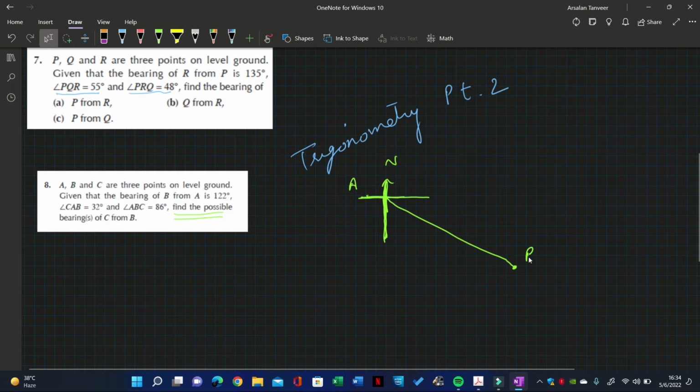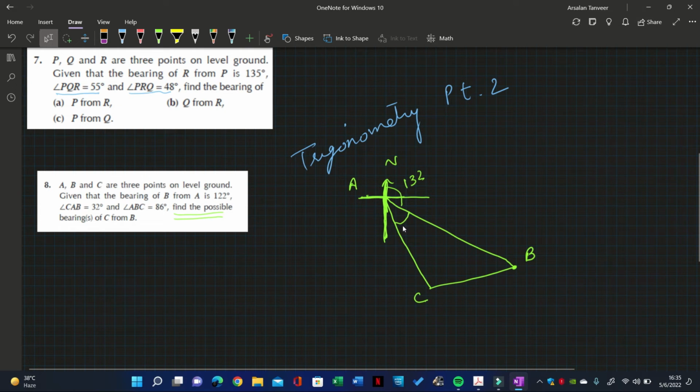This is point B. Okay, CAB angle is 32, means at A we have a 32 degree angle. So if you add 122 and 32, it will not go beyond 180, so your next line will come in this quadrant as well, and here we must have C. This is one possibility.